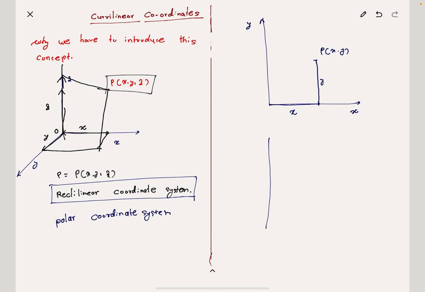Say we have the same point P, which was in this coordinate system x comma y, but now say this is x-axis, this is y-axis, and this is r vector or r which is a distance from origin O, and it is making an angle theta, and so we can write the same point as r comma theta like this.